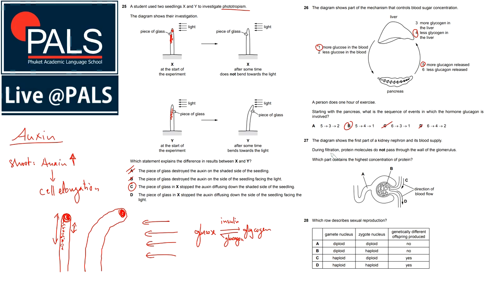The diagram shows the first part of a kidney nephron and its blood supply. During filtration, protein molecules do not pass through the wall of the glomerulus. Which part contains the highest concentration of protein? So here ultrafiltration happens. A lot of things are filtered out from the blood, including a lot of its blood plasma, which is basically water.